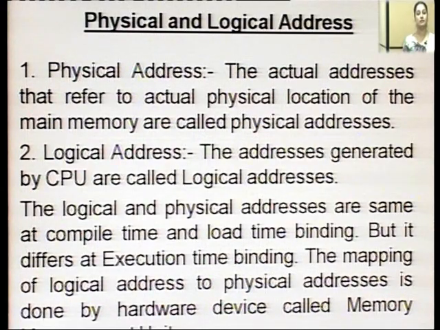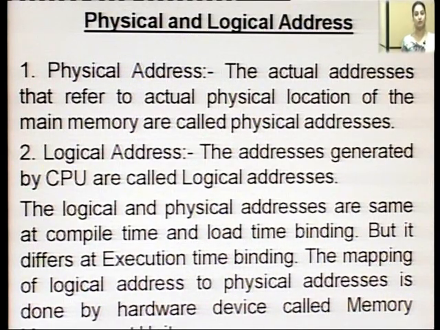And the addresses generated by the CPU are called logical addresses. We have to convert logical addresses to physical addresses and physical addresses to logical addresses using the binding method. Logical and physical addresses are the same at compile time and load time, but they differ at execution time binding.